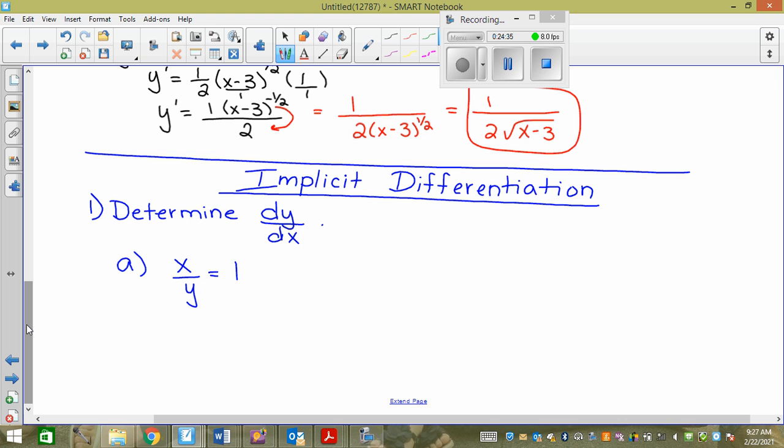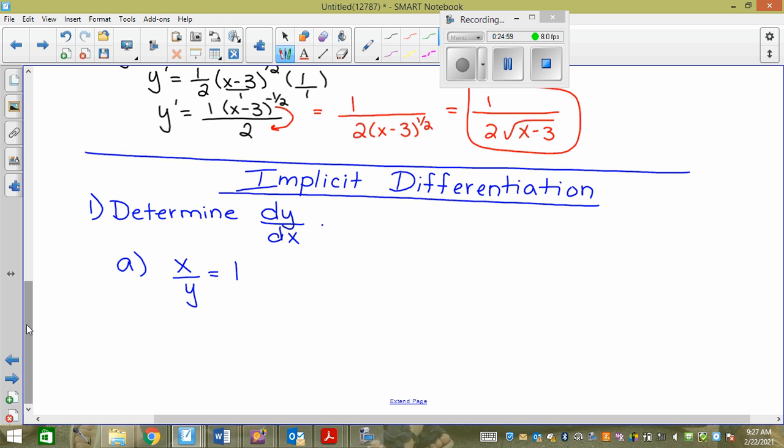How many y's are in this equation? 1. When there's one y, you don't actually do it by implicit. You can rearrange your equation to get it into y equals, right? So we're going to do it in y equals, and we're going to do it in implicit. I'll show you the two. But when you have one single y, you do not have to do implicit. It's when you have more than one y that forces you to. Okay?